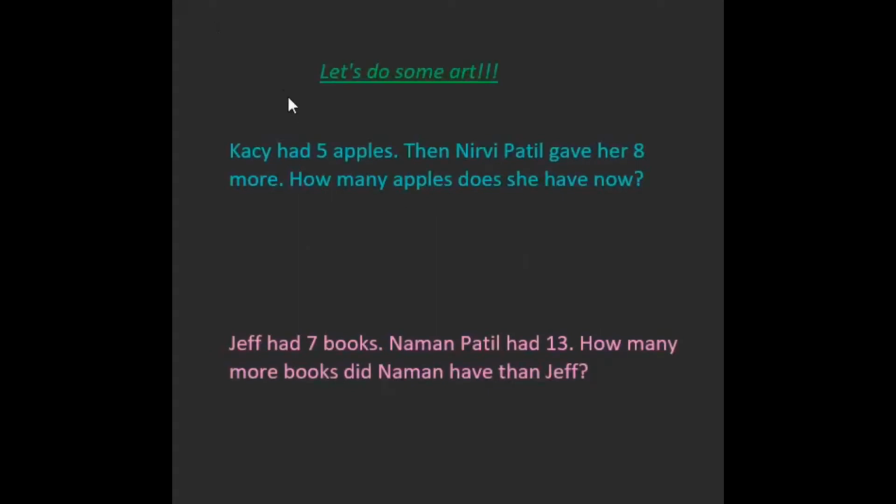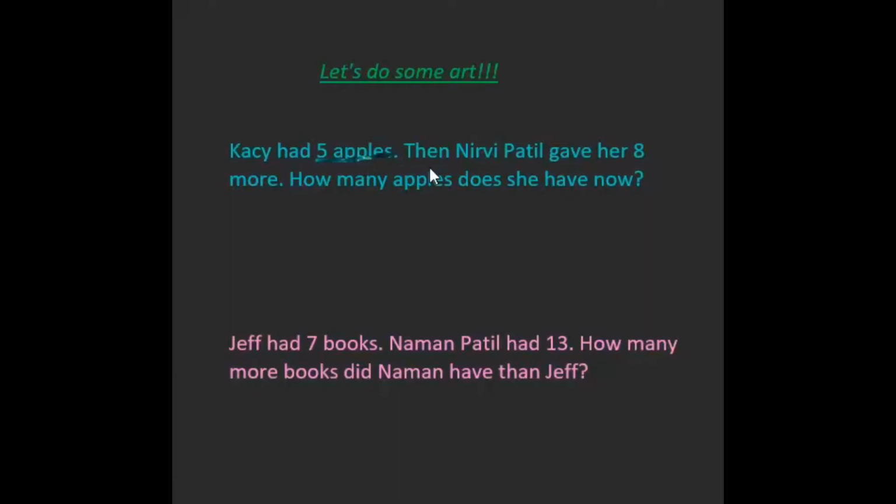Okay, so let's do some art. I'm just going to read this word problem. It's fairly easy, but I don't want the answer. I want to teach you how to draw your work. Casey had 5 apples, so we're going to need that number 5.